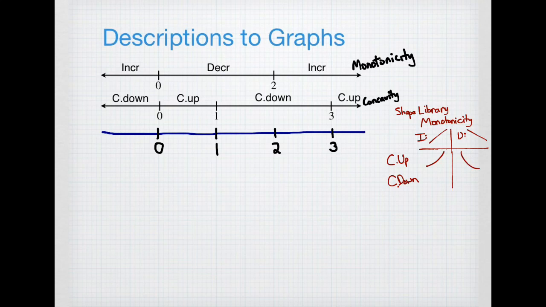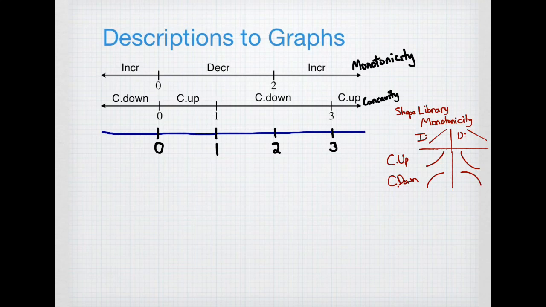If I take an increasing function and have it concave down, instead of bending it up, I'm going to bend it down. So I get a basic shape that looks like the top left corner of a circle, and a decreasing concave down shape looks like the top right corner of a circle. So these are my four basic shapes.